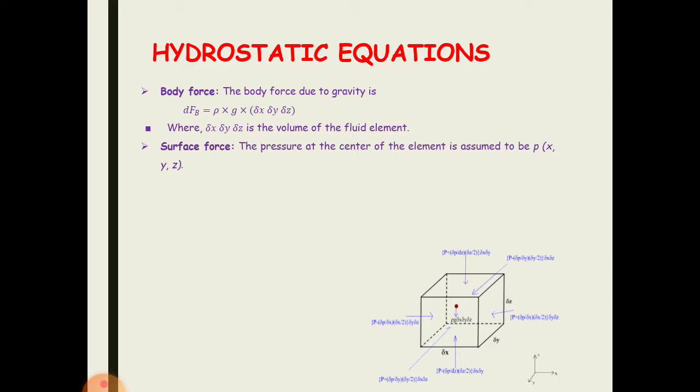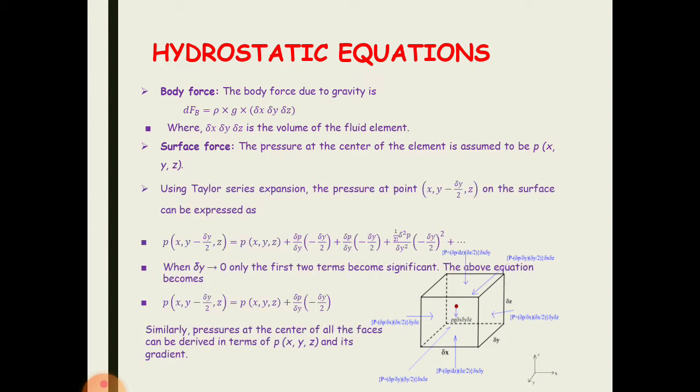One is body force, which is due to gravity only, and the other is pressure force, which is due to pressure at each face. The pressure at the center of the parallelepiped is assumed as P, which is a function of x, y and z. By using Taylor series expansion, we can calculate the pressure at each face of the rectangular parallelepiped.